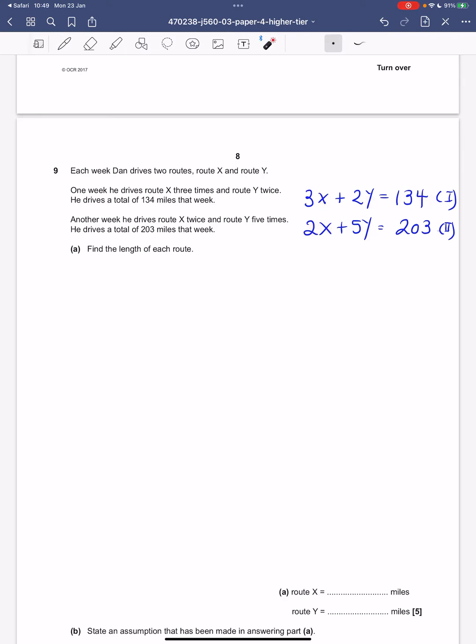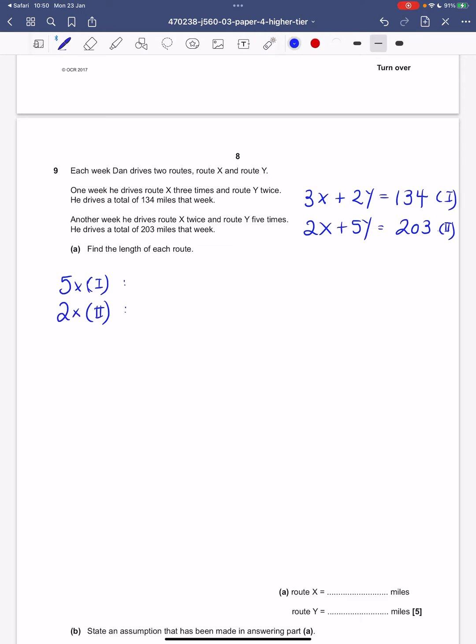I'm going to eliminate the y's first of all. So I'm going to multiply equation 1 by 5, which gives me 10 y's there, and equation 2 by 2 to give me 10 y's there. So equation 1 is multiplied by the coefficient of y in equation 2, and equation 2 is multiplied by the coefficient of y in equation 1.